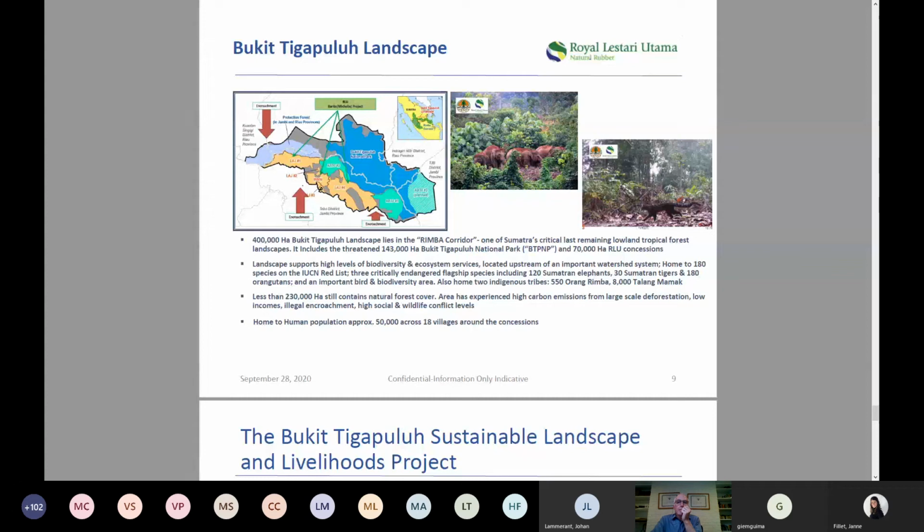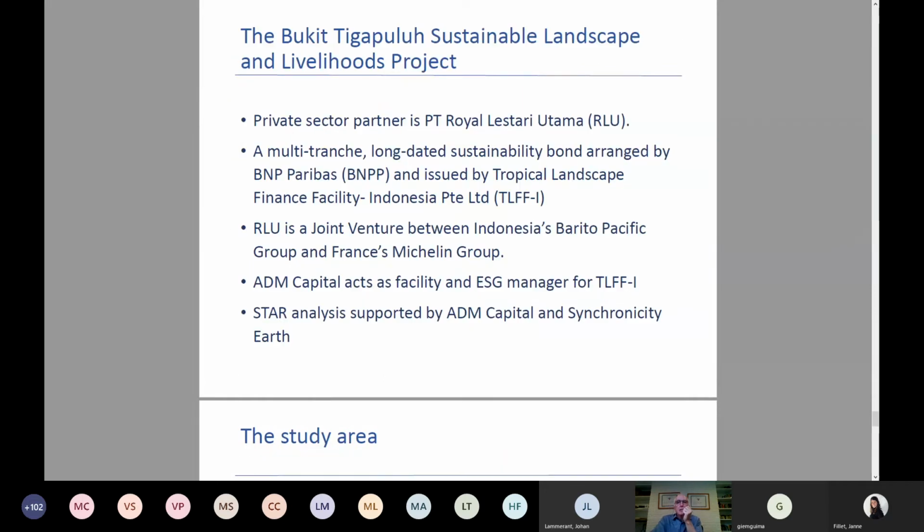There are issues related to subsistence cultivation, all things that you often find in the tropics. And there are quite a lot of people who live in the landscape for which the primary outcome that you're looking to generate is a sustainable livelihood option. If you go to the next slide.